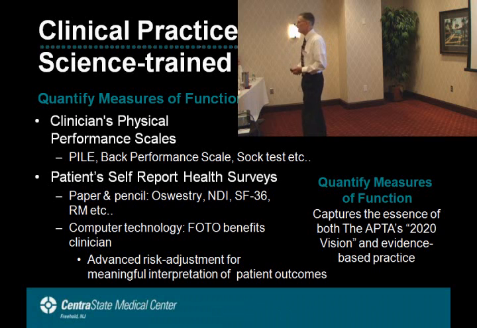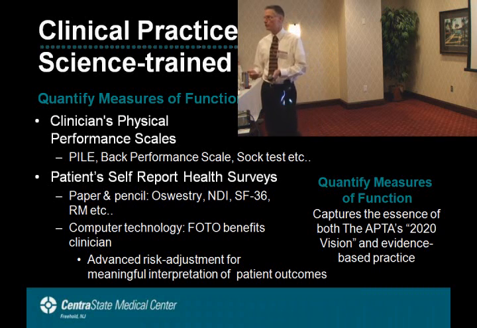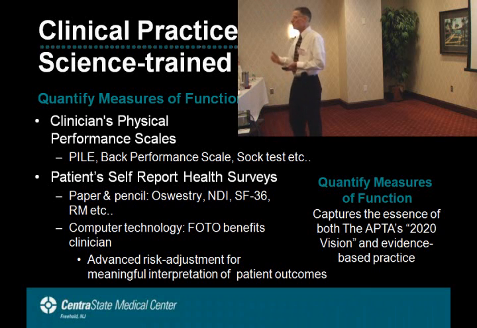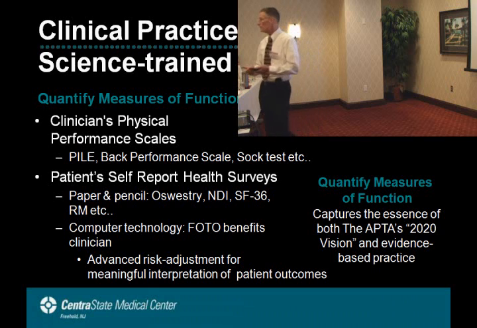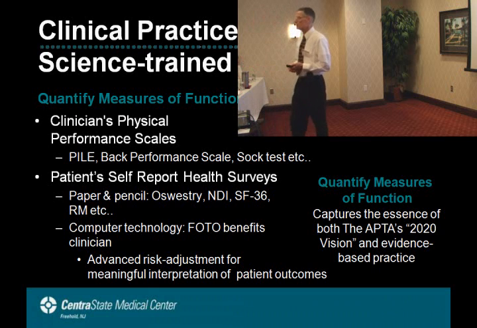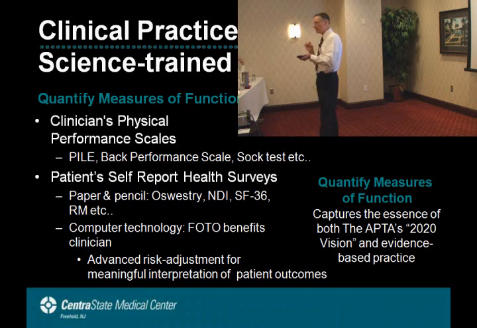So they complement each other. Okay? And if we are ultimately going to a value-based purchasing or pay-for-performance model, or a model driven by us as clinicians to improve reimbursement, then we have to start understanding the integration of both of these features. What you learn in the clinic and what the patient is self-reporting, we both have to understand and integrate it to really quantify quality of care.